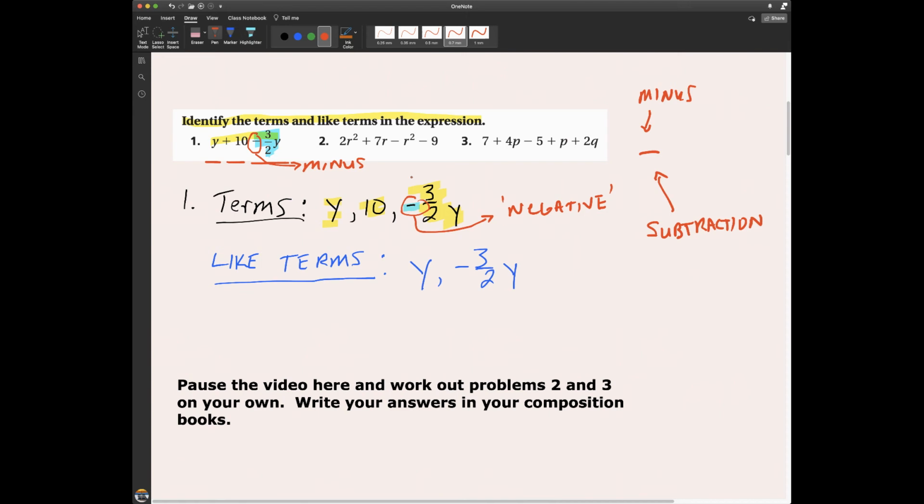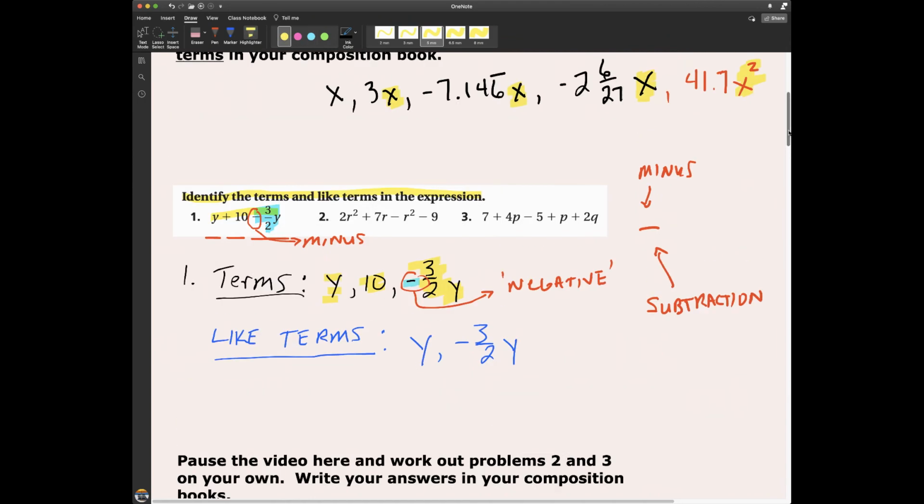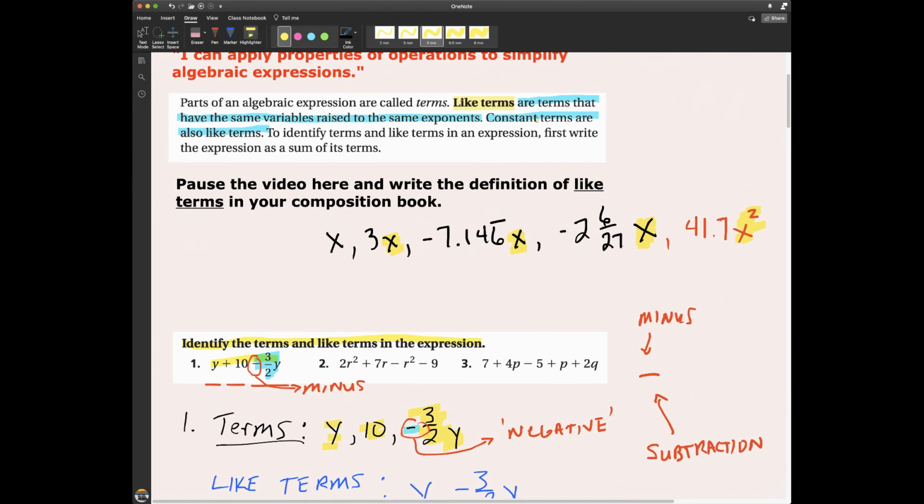Okay, so let's look at the like terms. Well, why are these like terms? We said above, like terms are terms that have the same variables raised to the same exponents.